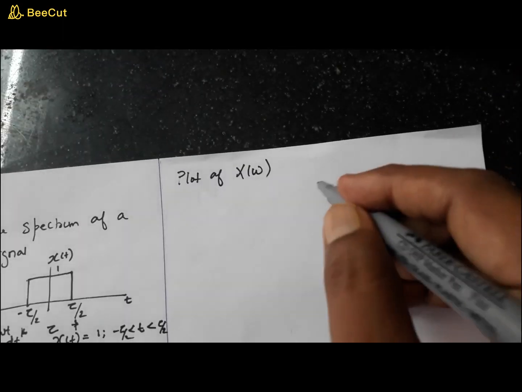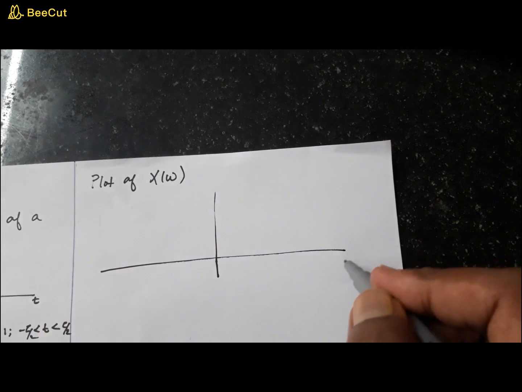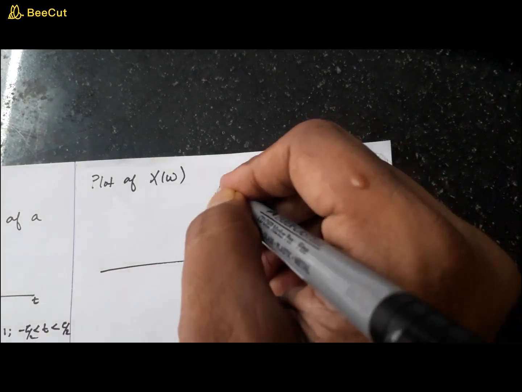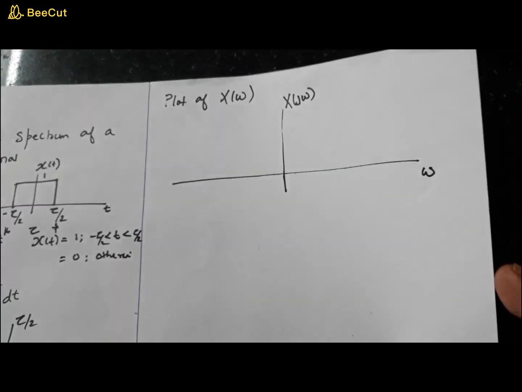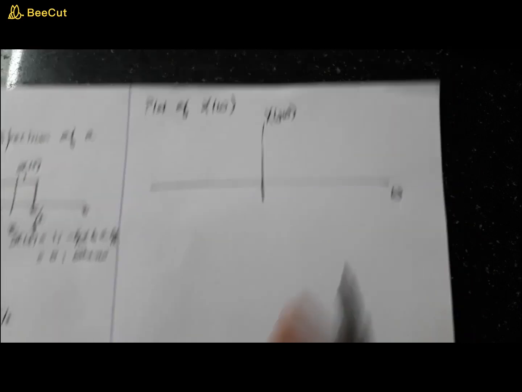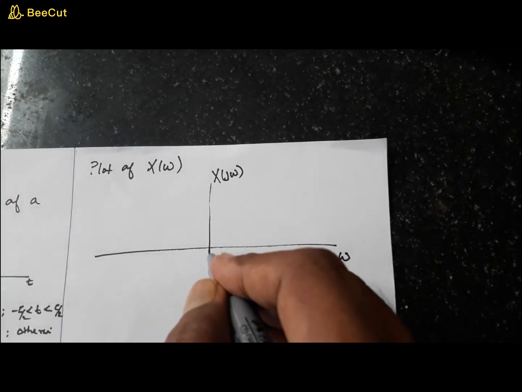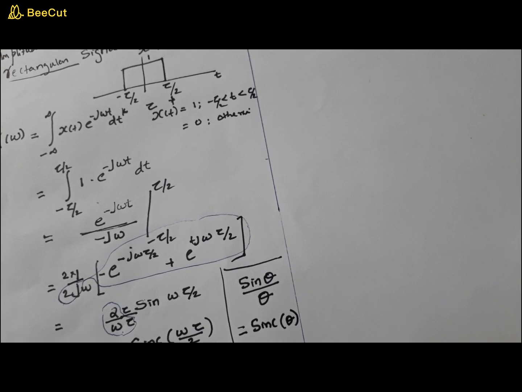Now we are going to have a plot which varies with omega, and here you are going to draw X of j omega. This is the point where omega is equal to 0. Let's see what is the value of the signal, what is X of omega at omega equal to 0?